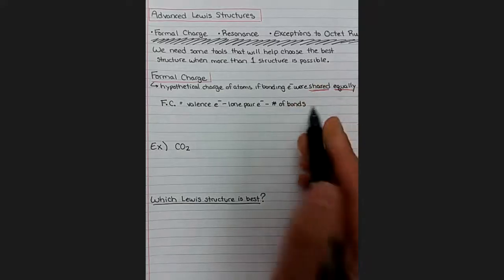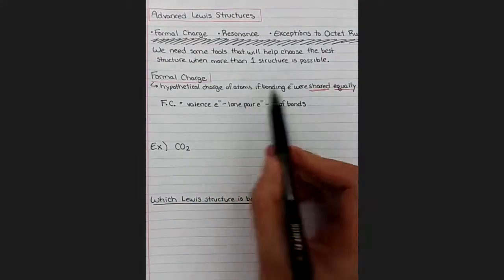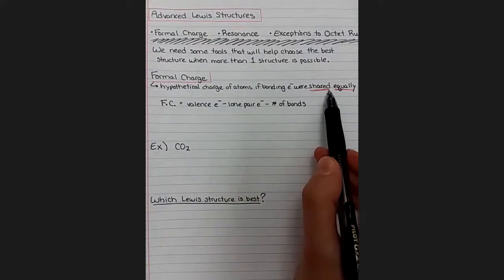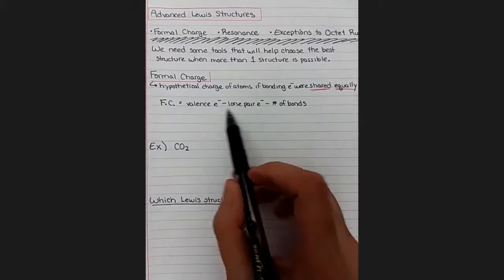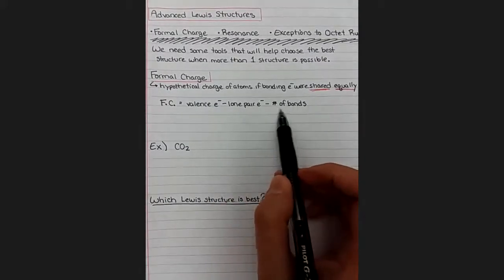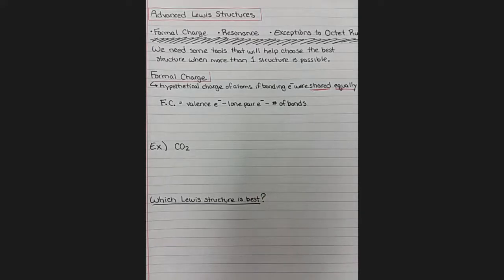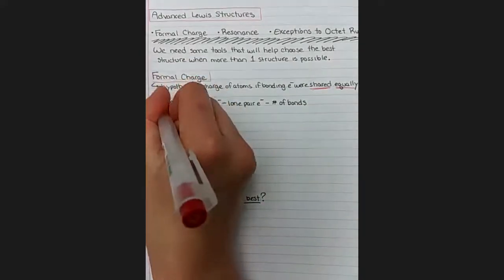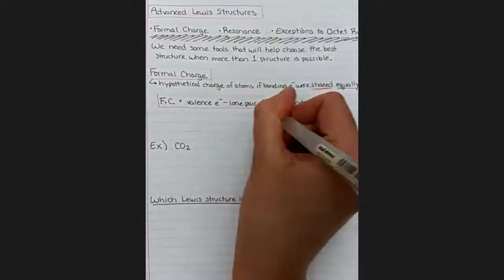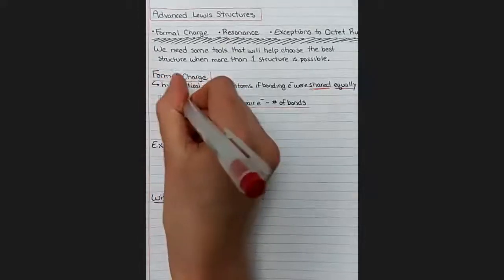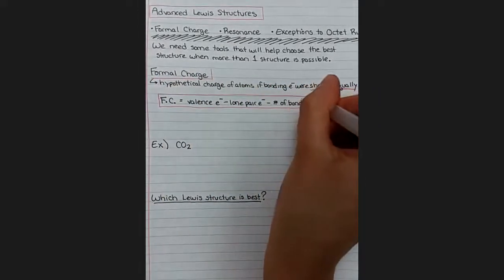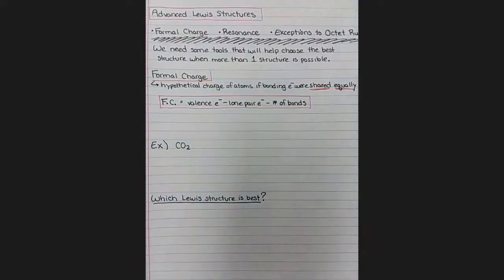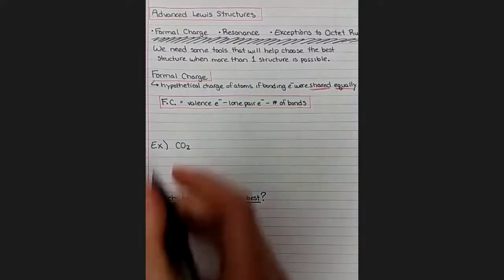If we assume that each of the two atoms in a bond shares the two electrons equally, then each atom gets one electron per bond, so we can just subtract the number of bonds. That will tell us how many of those negative charges hypothetically belong to each of the atoms.